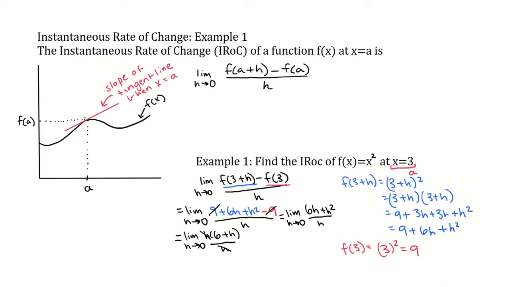And then these h's cancel out. We get the limit h goes to 0 of 6 plus h. And at this point, we can plug in h equals 0 to the limit and get 6. So our instantaneous rate of change for this particular function is equal to 6.